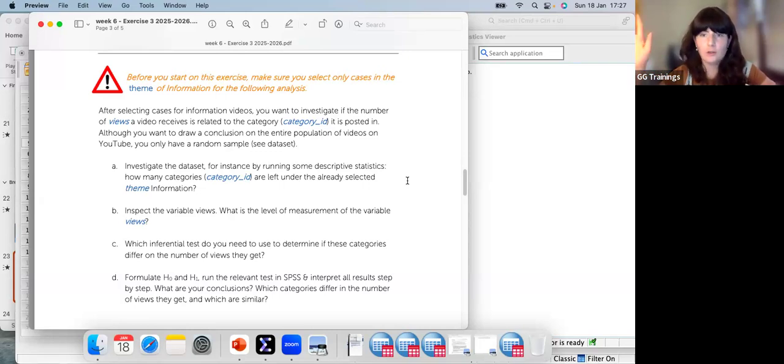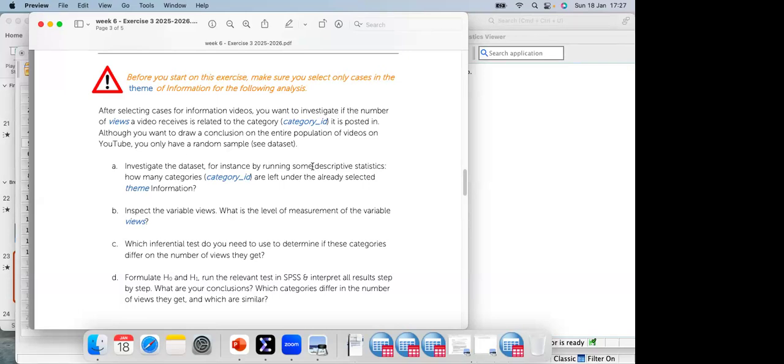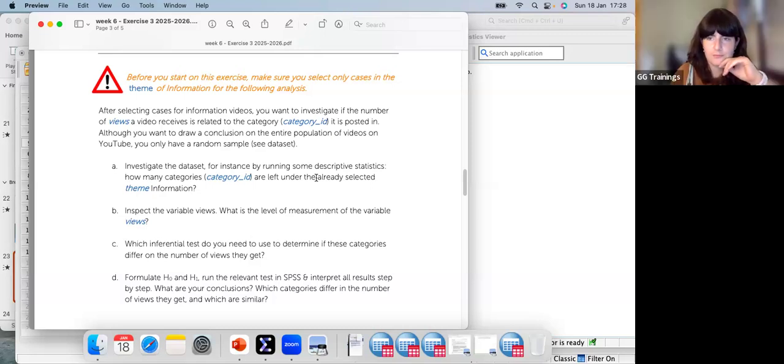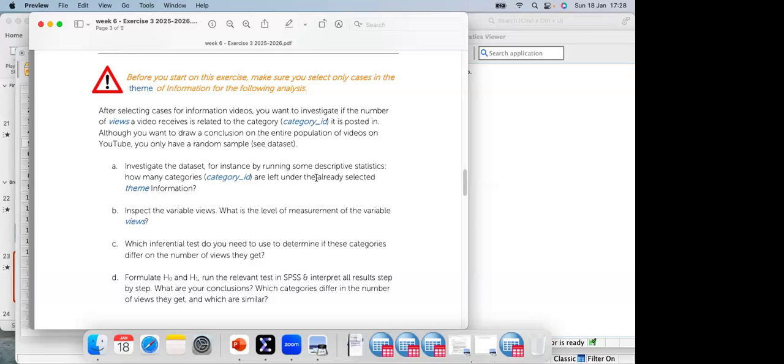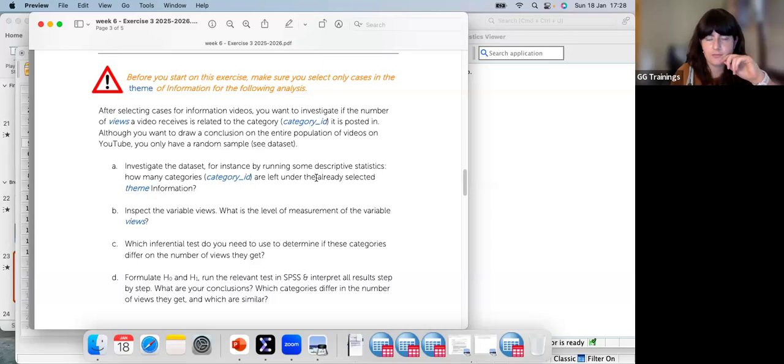It could be 3, it could be 10. But if it's more than 2, it's an ANOVA. Is that clear? So a minimum of 3 for the ANOVA, and for the two-sample t-test, it's just 2. Yeah.